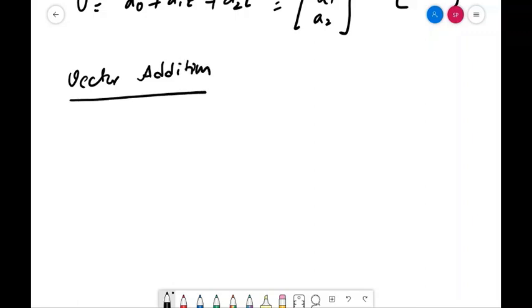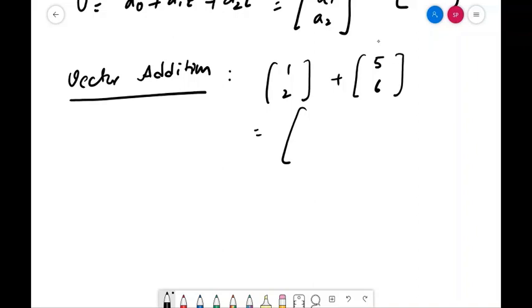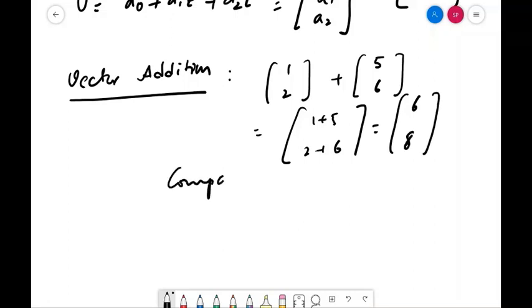We all know these basic operations. Suppose, like in matrices, I have a column matrix 1, 2, and another matrix 5, 6. I know the basic way to add these, that is 1 plus 5 and 2 plus 6, which gives me 6 and 8. We call it component wise addition.